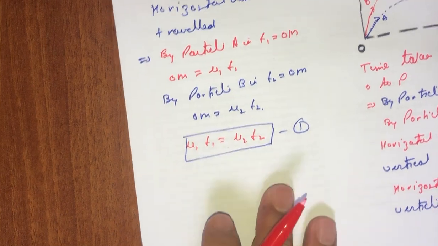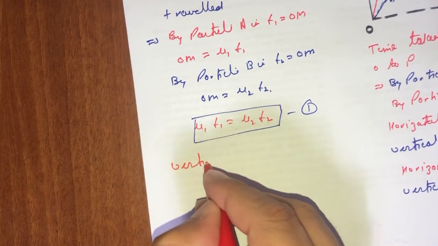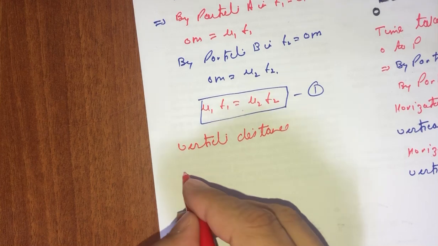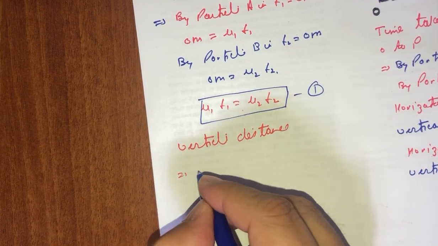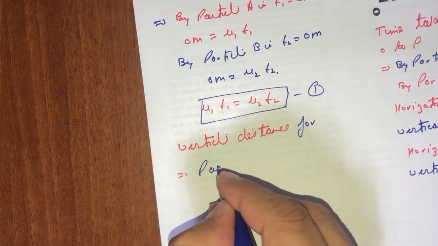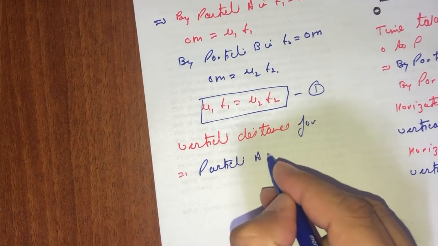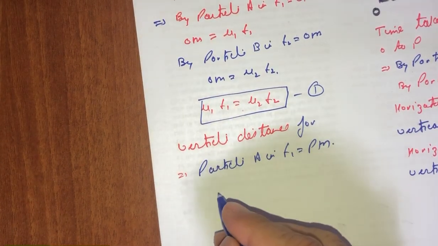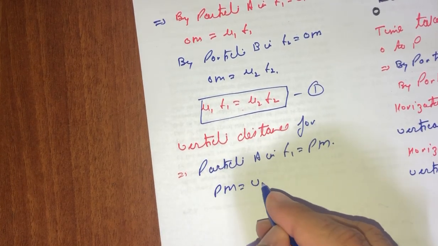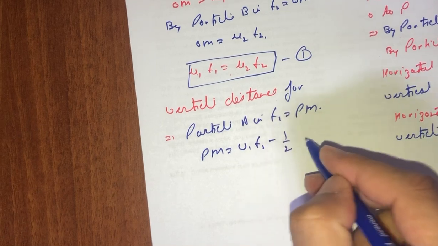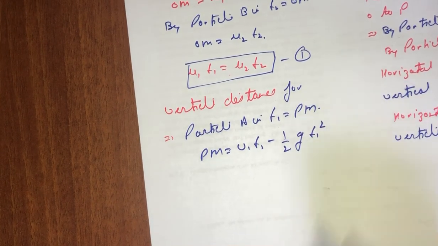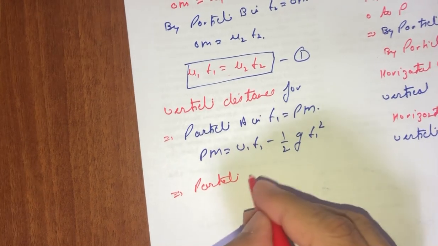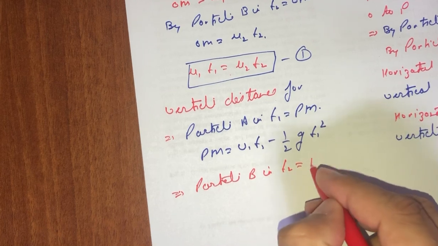Now we find out the vertical distance. So the vertical distance for particle A in time t1 will be PM, which will be equal to v1 t1 minus half g t1 square, and for particle B in t2 will also be equal to PM.